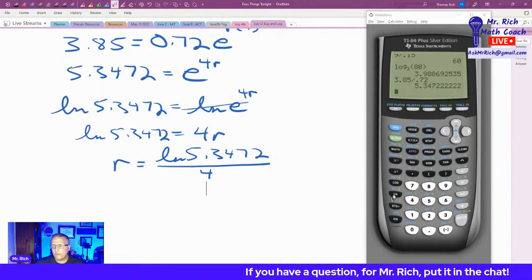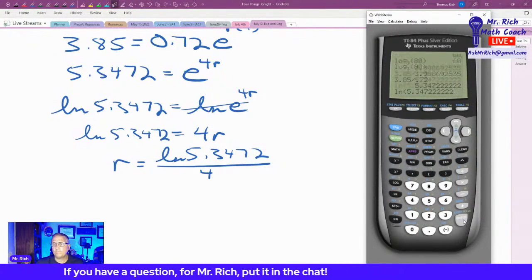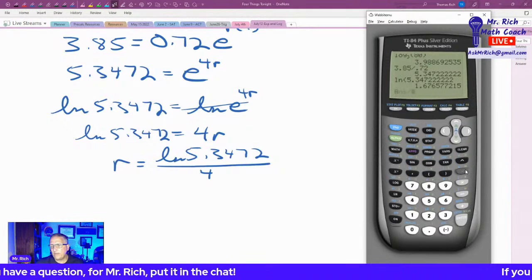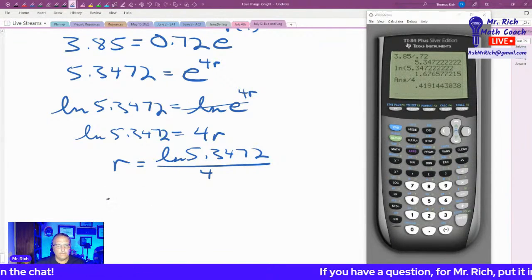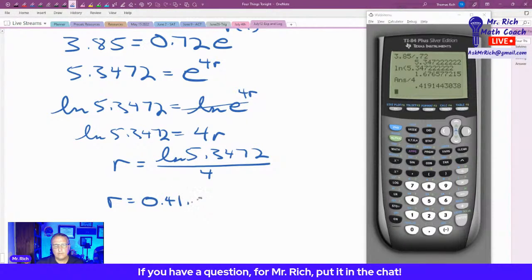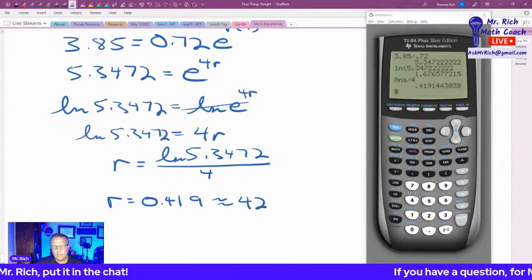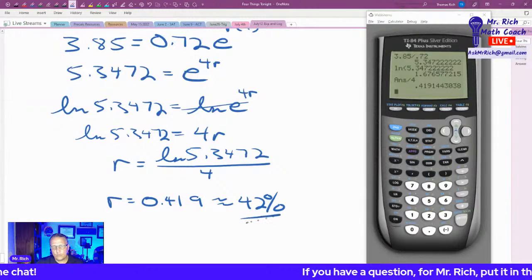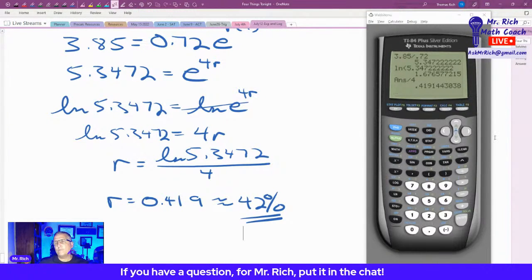So on my TI-84, I'm going to do the natural log of this number and then divide that by 4. And there you go. So this looks like the growth rate is 0.419. So approximately a 42% growth rate is our answer to that using logarithms.